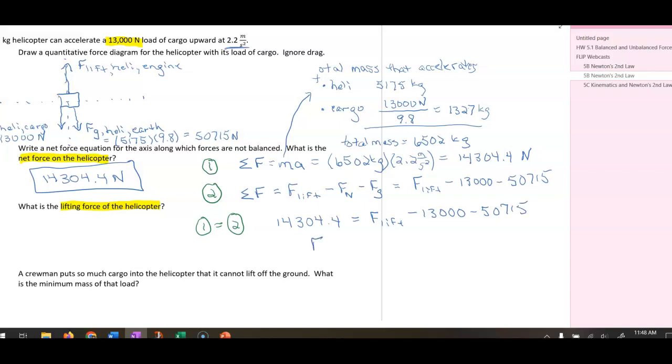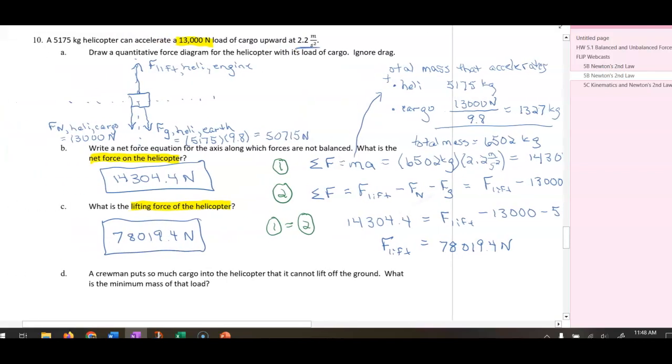And so when I solve for the lifting force, I get 78,019.4 newtons. And so that's the answer for part C here. It's 78,019.4 newtons.